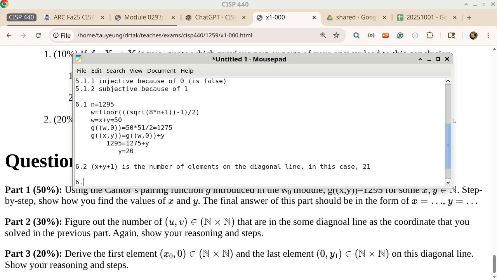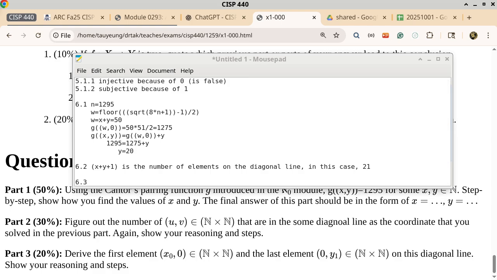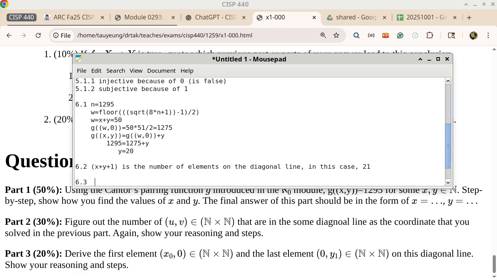Okay, so what about 6.3? Derive the first element, which is basically just asking what is x0 in this case, and the last element, which is just trying to figure out what is y1 on this diagonal line. Okay, so we'll just say that x0 is exactly w, which in this case is 50.